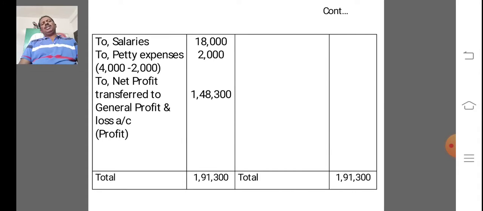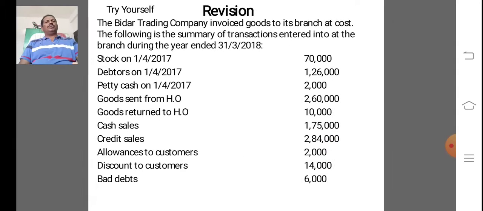The credit side total is 1,91,300 and the difference is 1,48,300, which is the net profit. That net profit is transferred to the general profit and loss account.